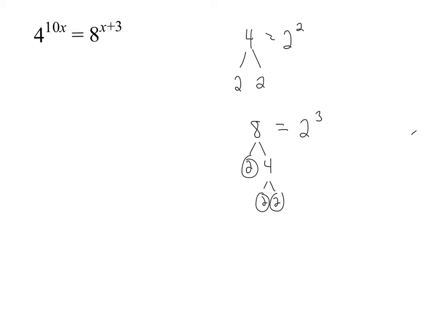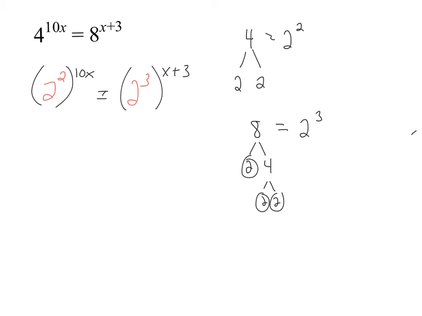So if I do this in the equation, instead of 4, I'll put 2 to the second, but then I'll still have my 10x on the outside. And then if I do the 8, I'll make that 2 to the third, but then I have the x plus 3 on the outside.